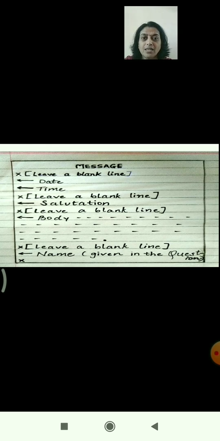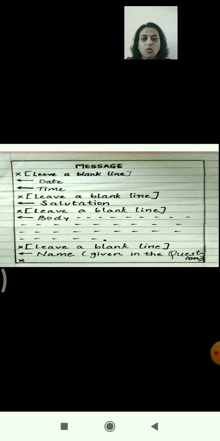When you are writing, check whether you have been given any other name. If any name is given, you have to write that name only. Got it? The name which is given in the question, that only name you are going to write. So here is the format for writing the message.